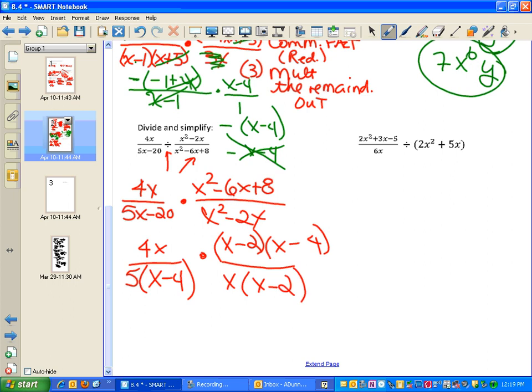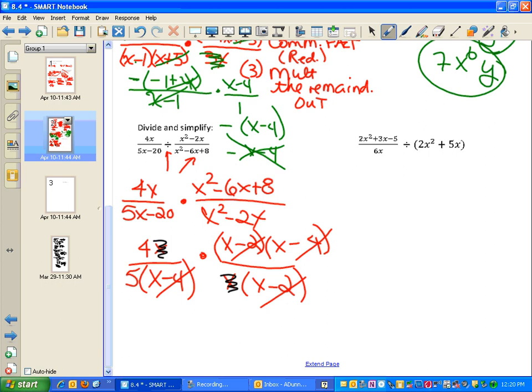Okay, now we look for common factors that exist in the numerator and the denominator, and we cancel them. What is one that you see? X minus 4 and the x minus 2. And this x and this x. Why would it become 3x? Because I'm multiplying, I'm not subtracting.